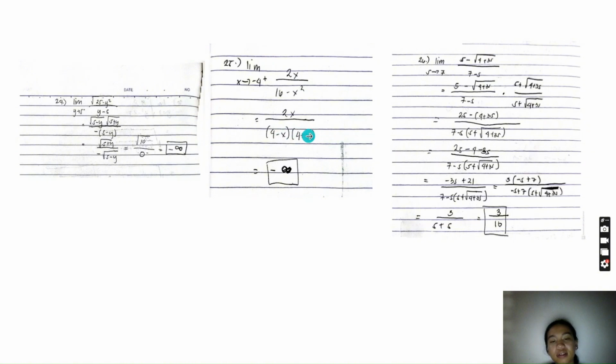So we don't have to further express it, since we have already figured out that in this form, the numerator is positive, and the denominator is negative times positive, which is negative. So positive divided by negative is negative. Therefore, our answer for this is negative infinity.